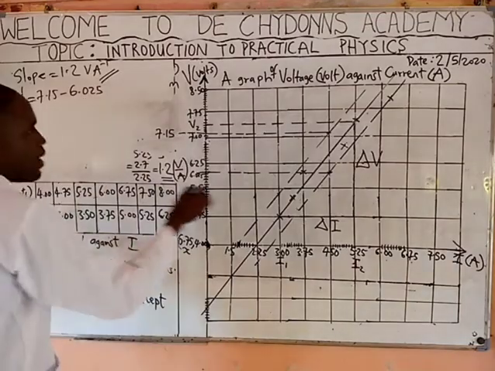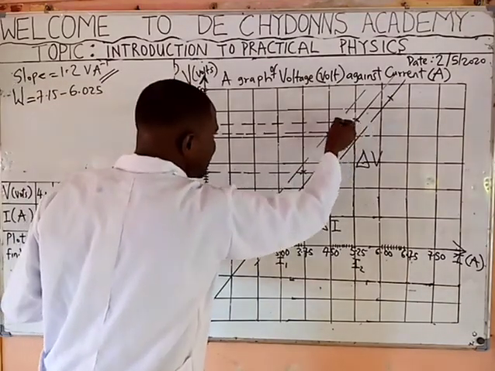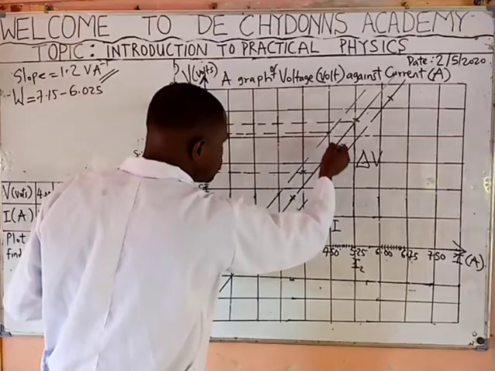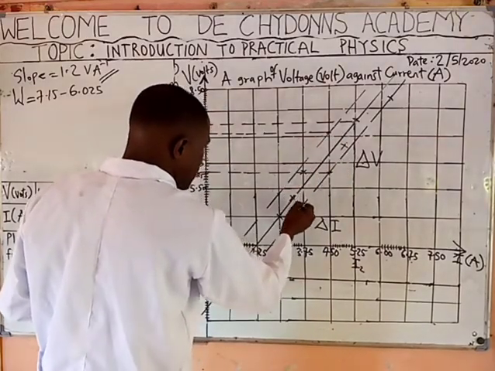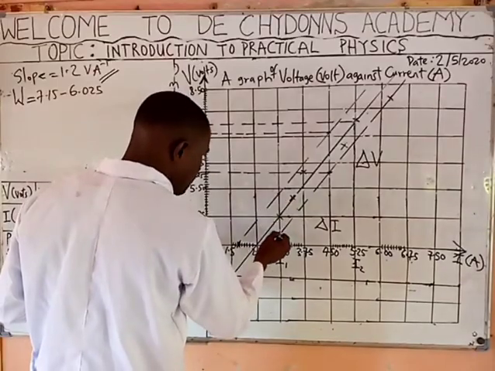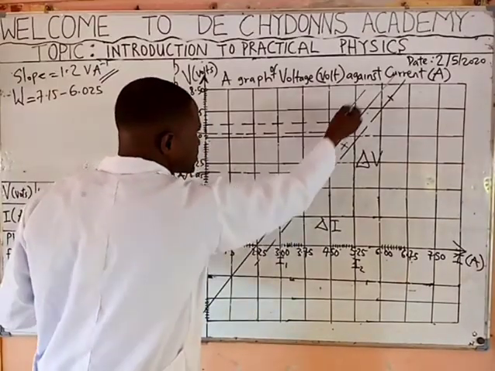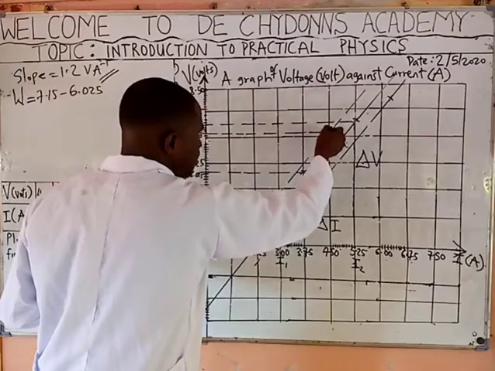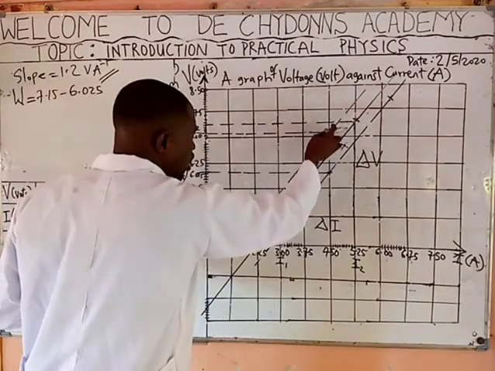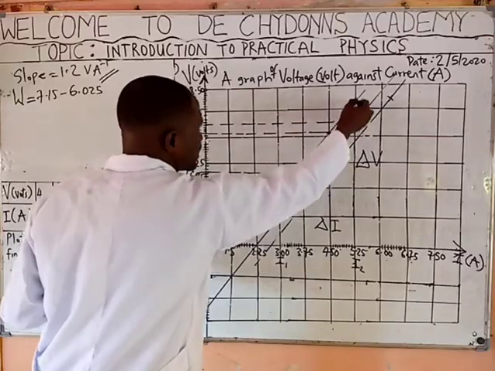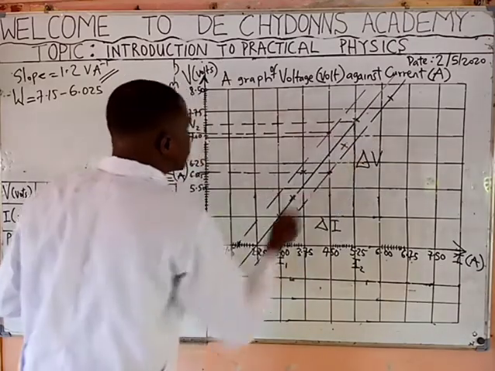Remember, vertical distance can be from here to here, or from here to here. It is the vertical distance between these 2 parallel lines. Any of these vertical lines, take it from here to here. Okay?